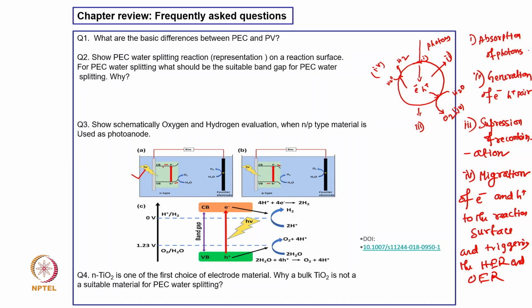Here, this is the band bending when it is in the electrolyte, and the electron moves in this path, generated here by photo excitation. And then here holes react with H2O producing O2, and H plus moves to this side, which eventually produces hydrogen after taking an electron from here.